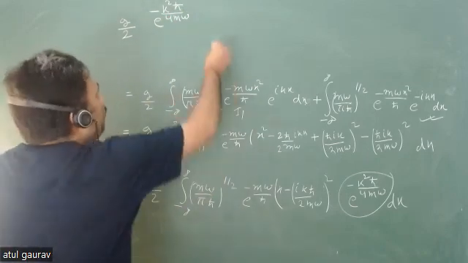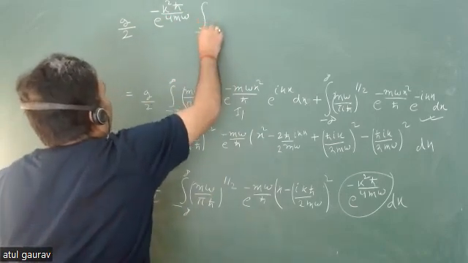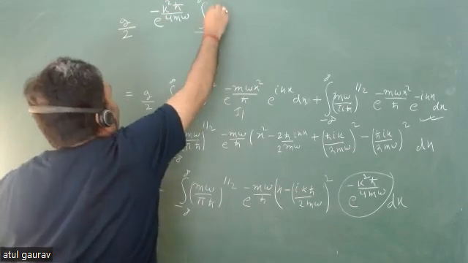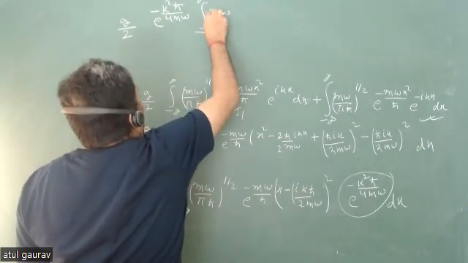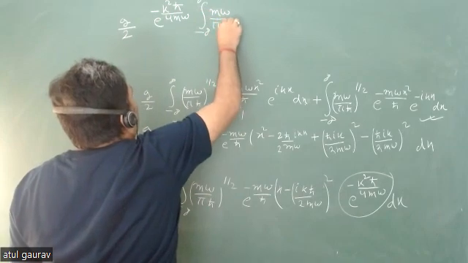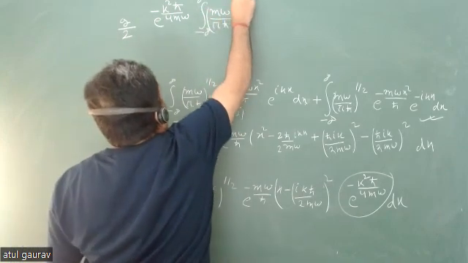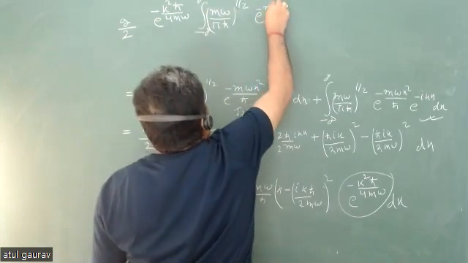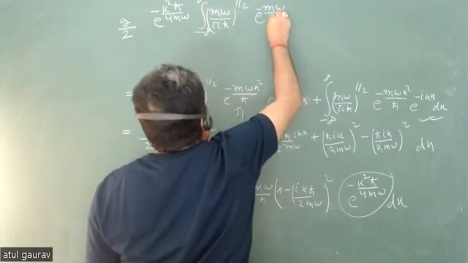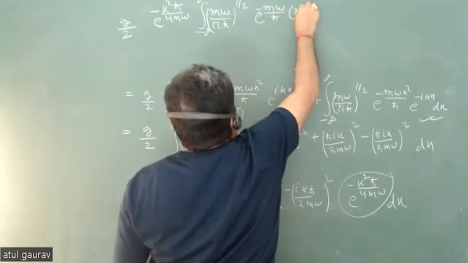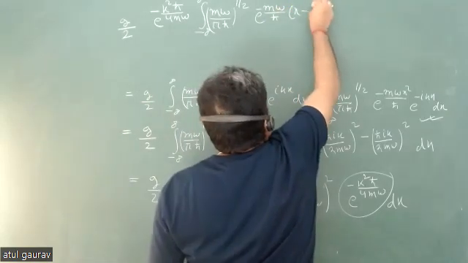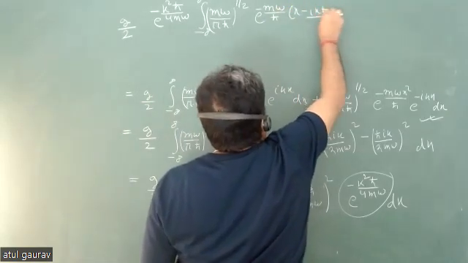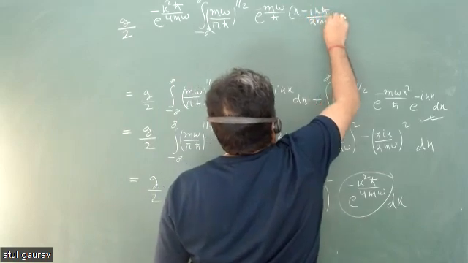Okay, and here is integration, that is minus infinity to plus infinity, (m omega upon pi h cut) to the power 1/2, e to the power minus m omega upon h cut, (x minus i k h cut upon 2m omega) whole square dx.